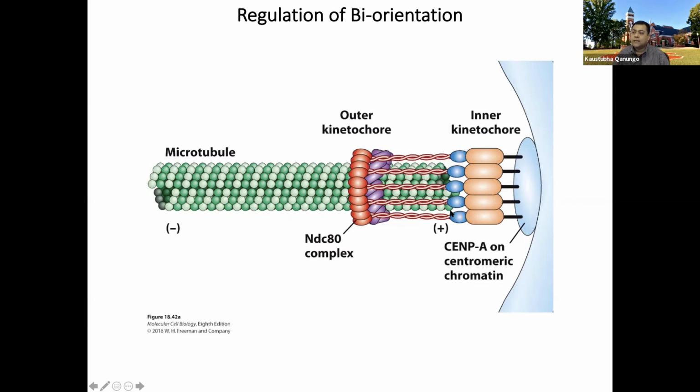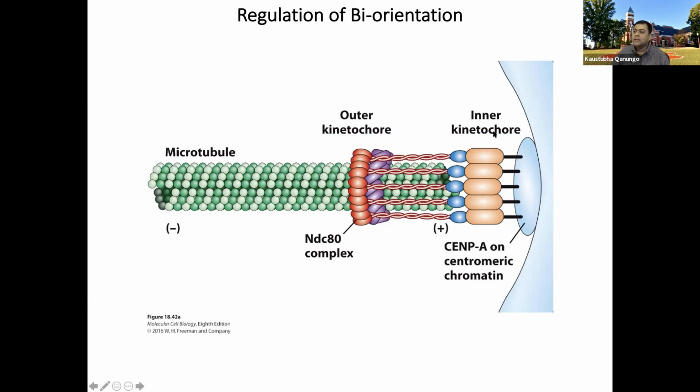See, this end is actually not interacting with anything. It can grow or shrink, because this is the sleeve through which it is attached. And the motor proteins can work right here to push or pull, whereas as it grows, it can go to this end. As it shrinks, it can go towards this end.